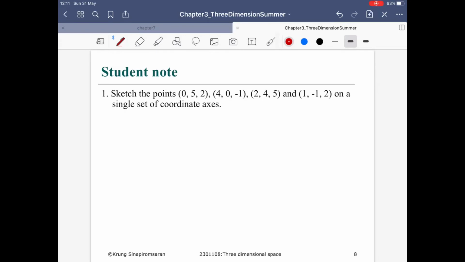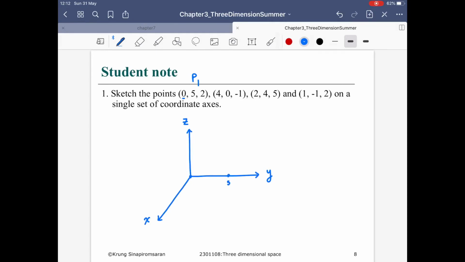Okay, so first you need to sketch the point 0, 5, 2. So let's call this P1. So what we are going to do is to write the coordinate system first. So the one that is going up, let us call the Z, and then the one that comes out from the paper is the X, and then this one is a Y. Okay, so this point means that your X stays at 0, but then your Y goes to 5.